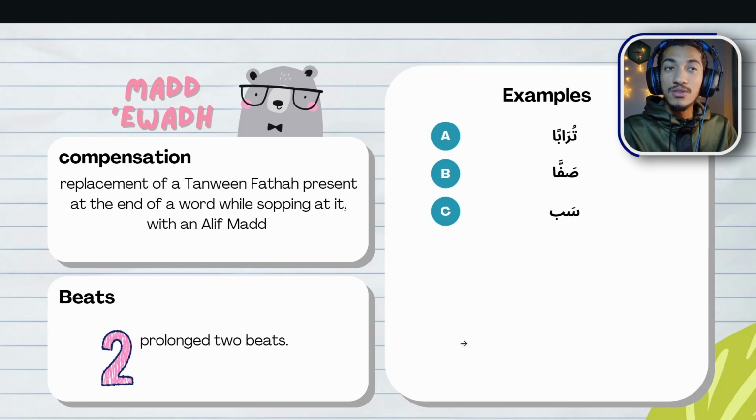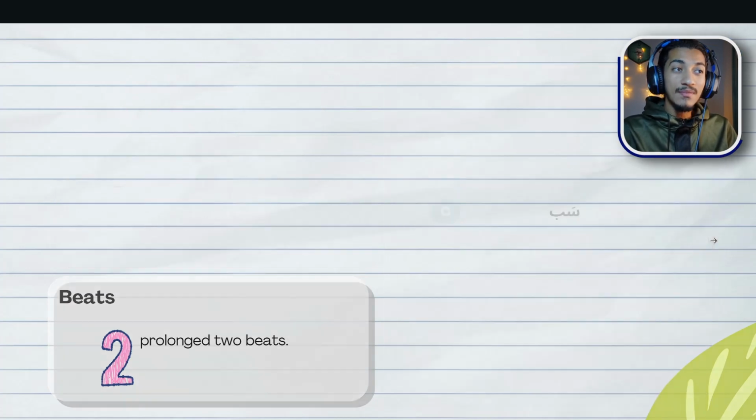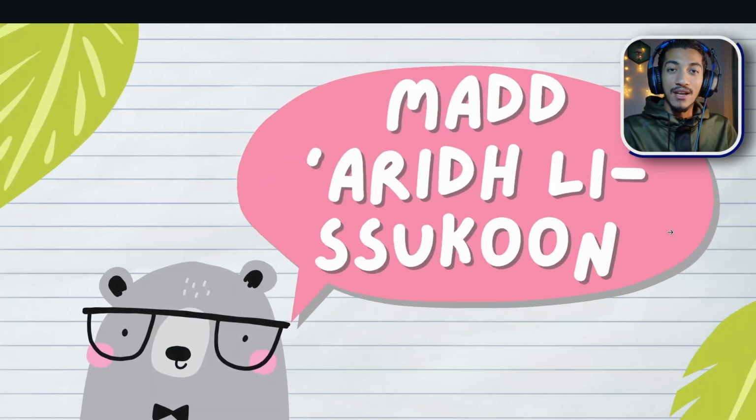You will do it as a Maad, for 2 beats. Here we have Saffa, instead of Saffan. And this one should be Sabaha, not Sabahan. Okay. That's it. It's the second type for today.